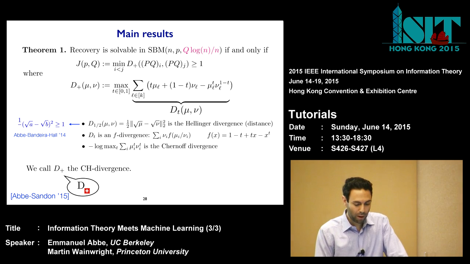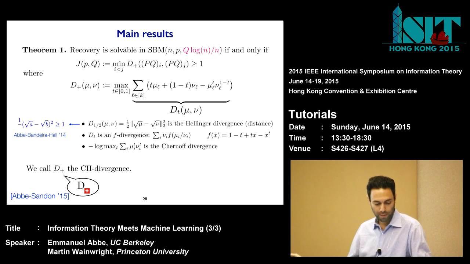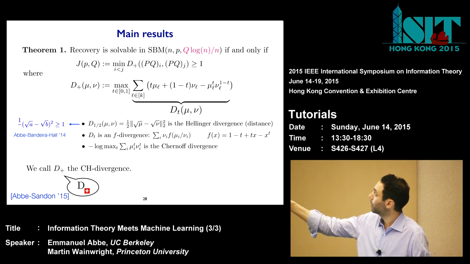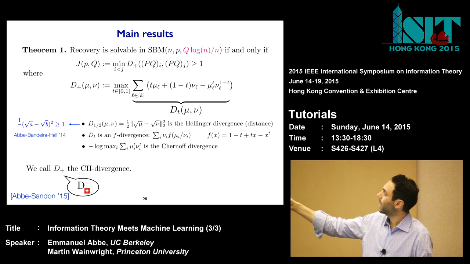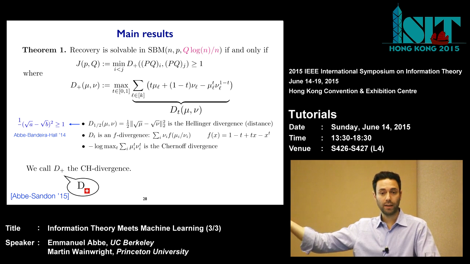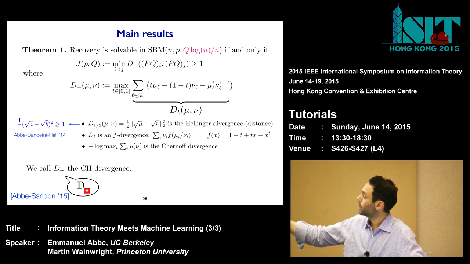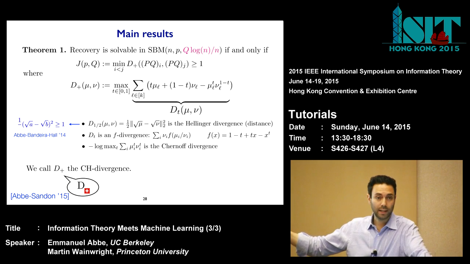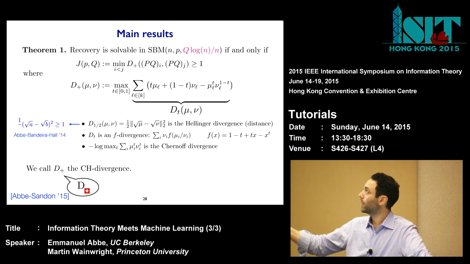So you can solve that problem if and only if this new divergence shows up, where you want the distance between any 2 columns of this matrix. If you take the product of n, P, Q log n over n, then you will have P times Q that shows up with this extra log n. So if you look at how these PQ columns are far apart from each other, using the right notion of distance, if they're all at least 1 away from each other, then you can cluster.